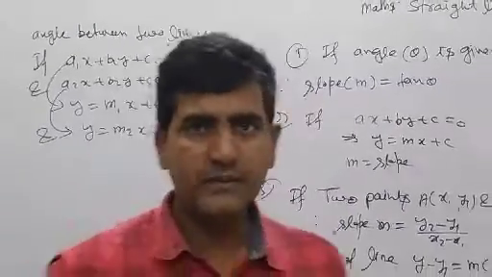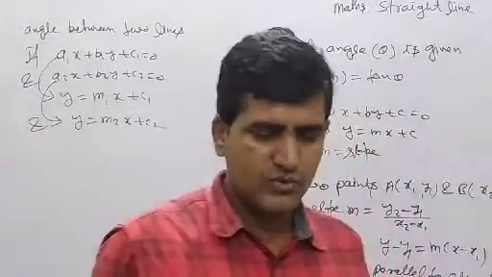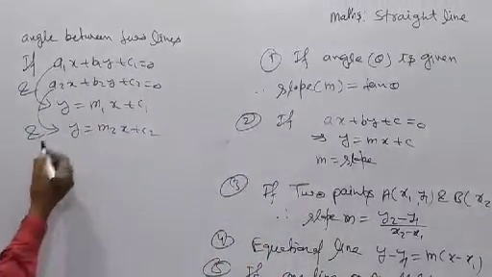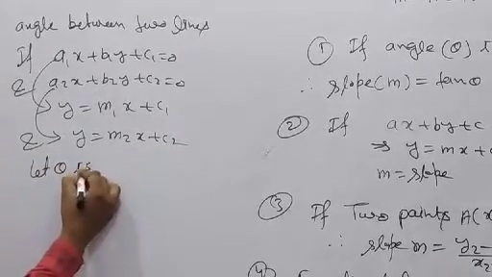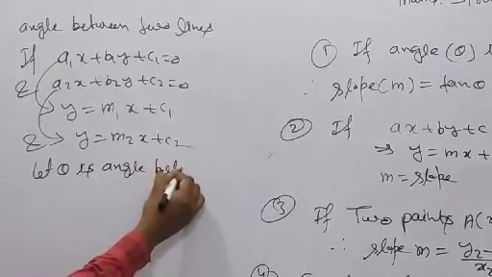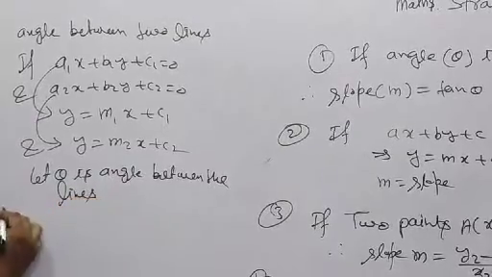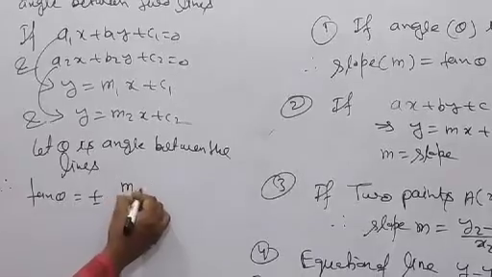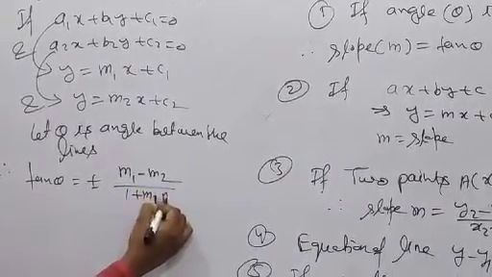Means if we have two equations of lines, how can we find the angle between two lines? Let theta be the angle between the lines. Therefore, tan theta is equal to plus minus m1 minus m2 upon 1 plus m1 m2.